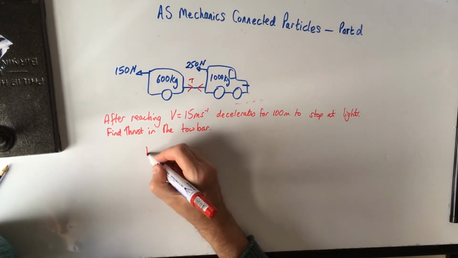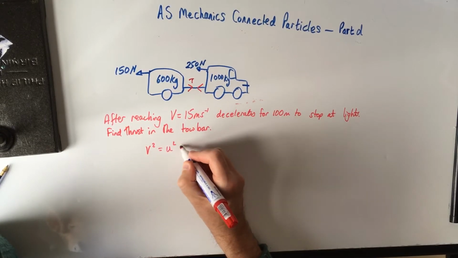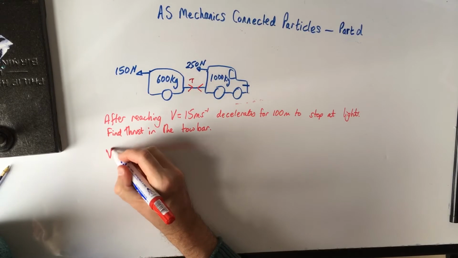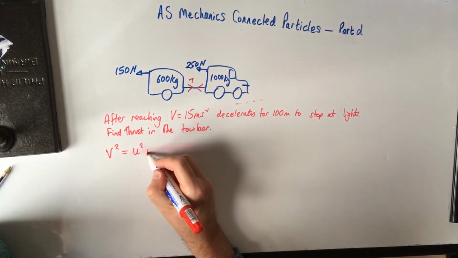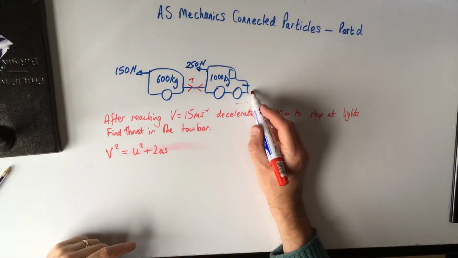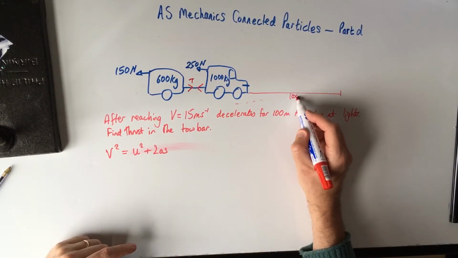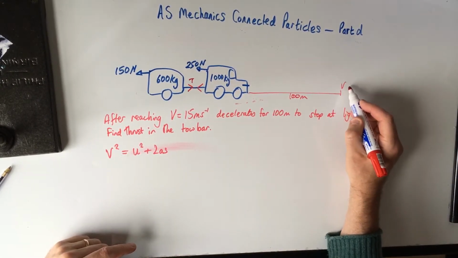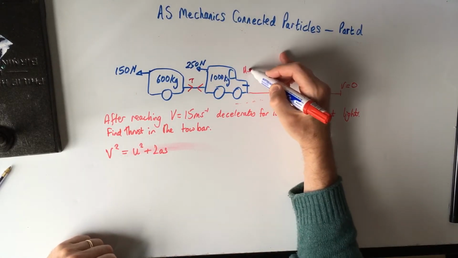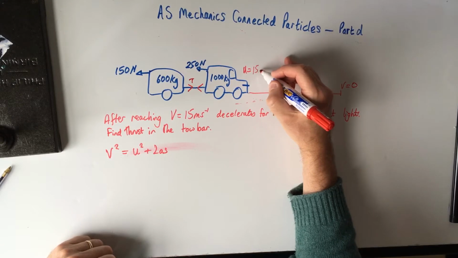So if we use v squared equals u squared plus 2as, let's just shift this over so I've got enough room. So v squared equals u squared plus 2as. We want it when it stops, so it's going to travel 100 metres, and v is going to be 0, isn't it, when it's stopped? And the initial velocity, of course, is 15 metres per second.